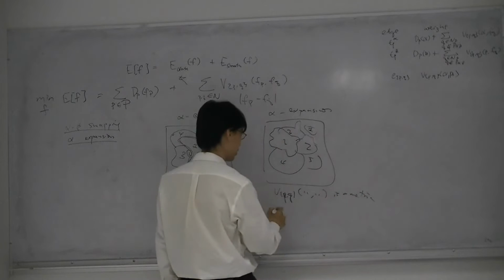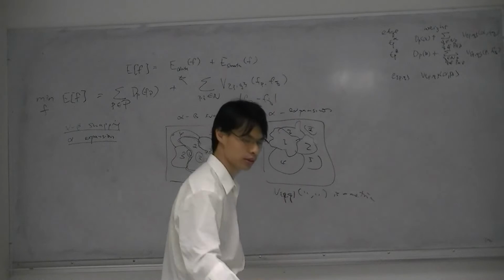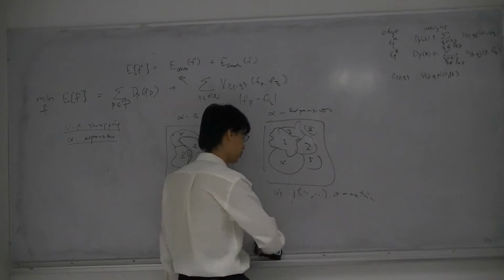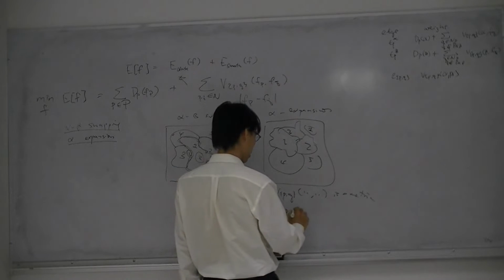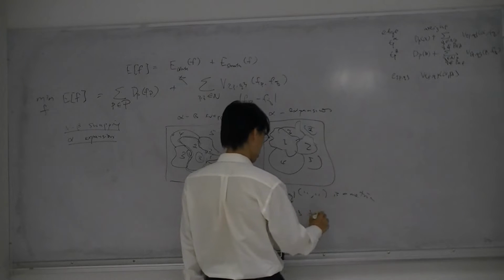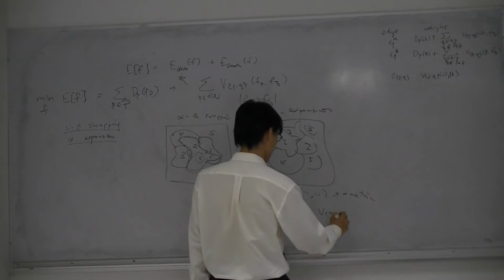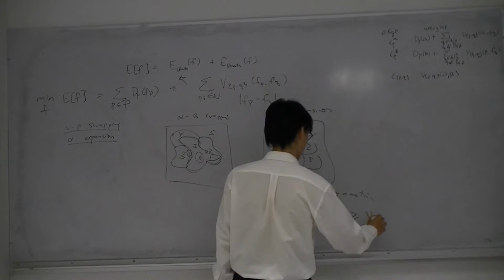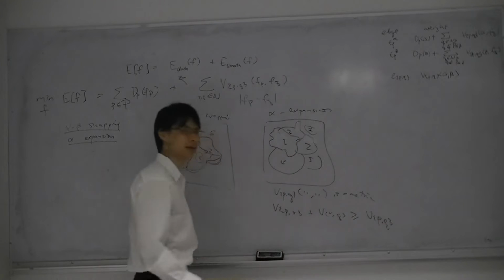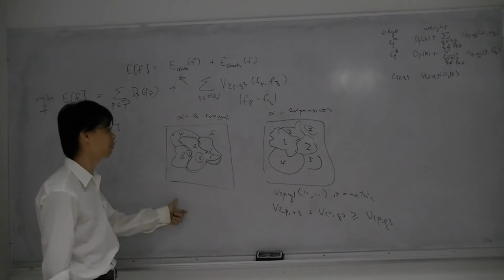In particular, you need to satisfy the triangle inequality. So basically, I need to make sure V(p,r) plus V(r,q) is bigger than or equal to V(p,q), something like this. You will see why I need this condition, and for alpha beta swapping, I don't need that.